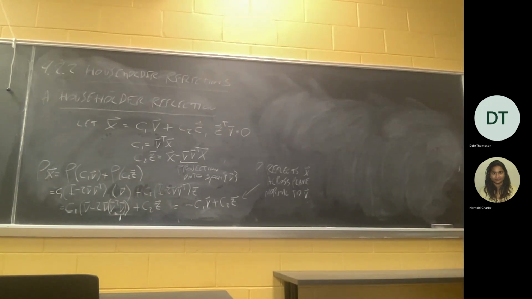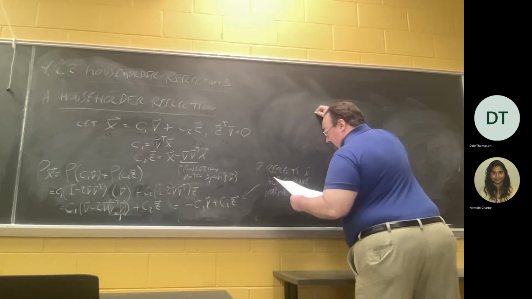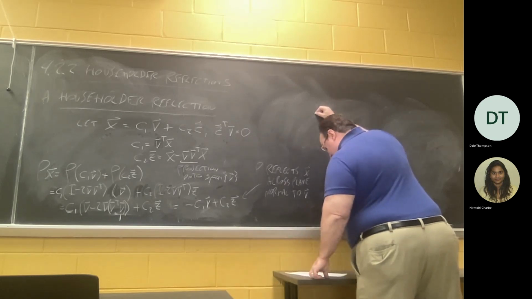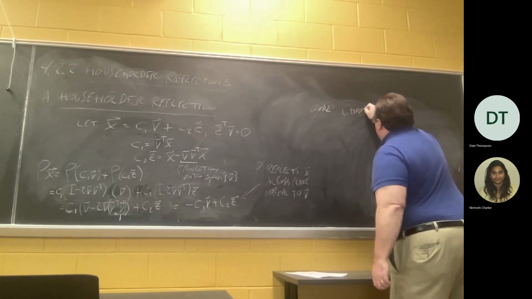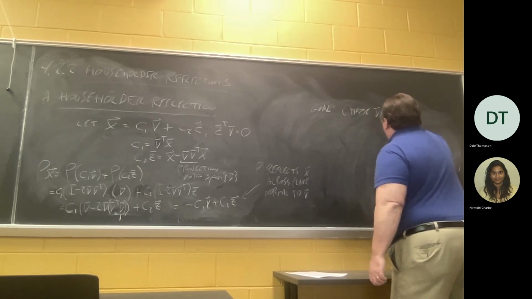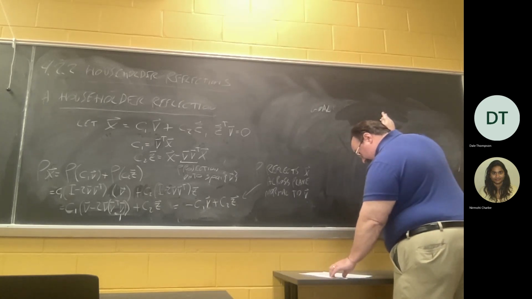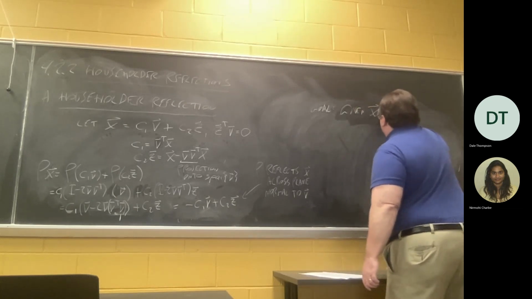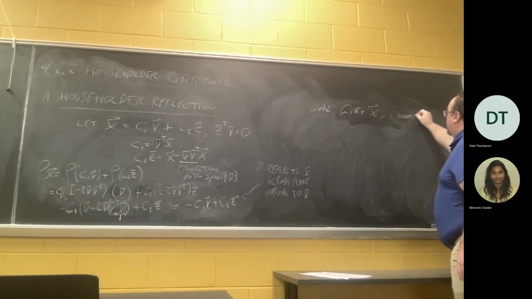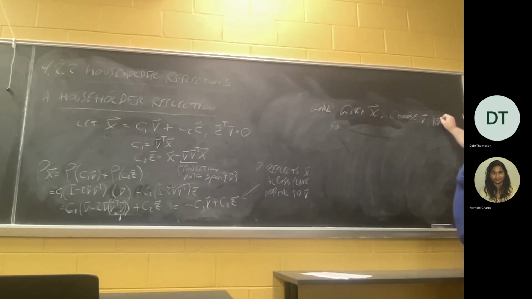So the way we'll do that is, given some vector x, that's important, choose v, sticking with the assumption that v is a unit vector.